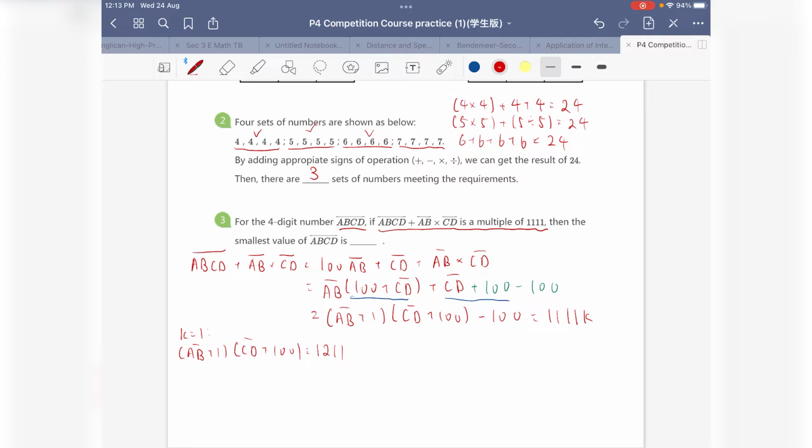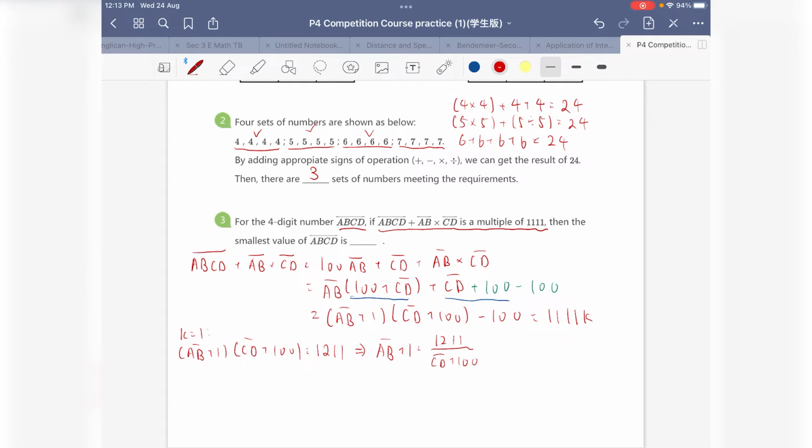But we notice a little problem over here. Why? Because AB plus 1 is equal to 1211 divided by CD plus 100.